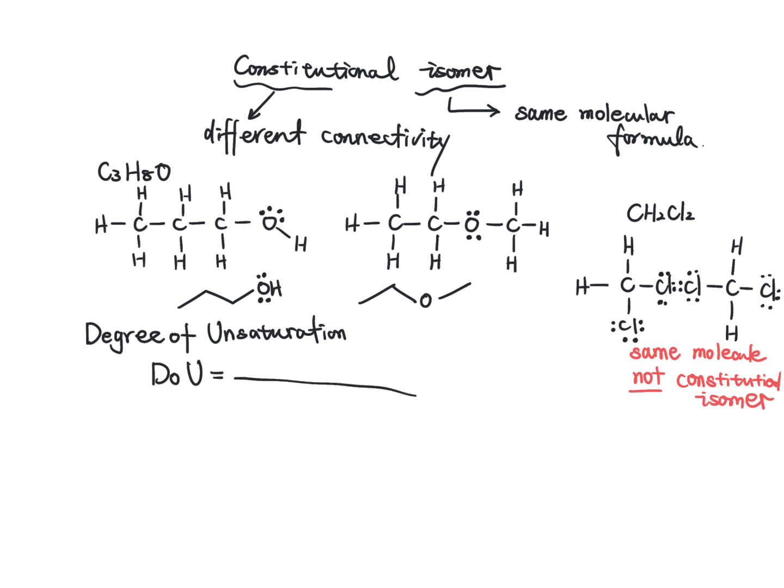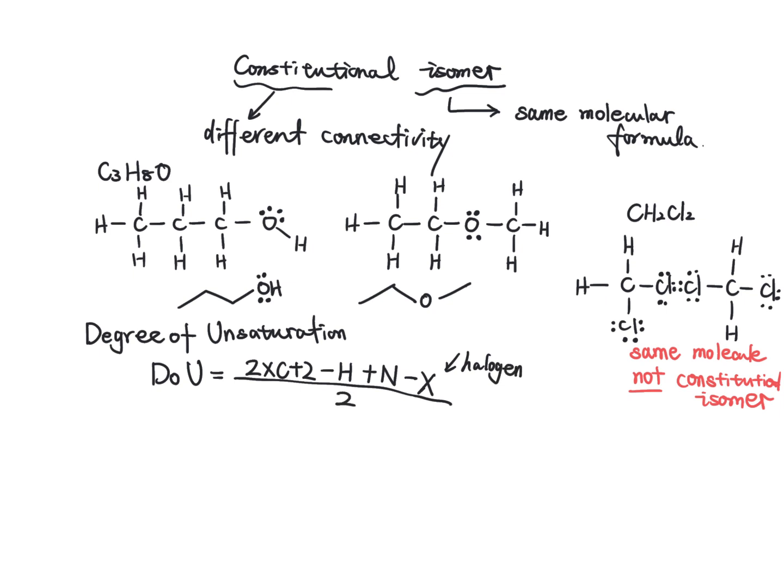The calculation is like this. If you are given a molecular formula, the number of carbons times 2 plus 2, minus the number of hydrogens, plus the number of nitrogens, minus the number of halogens, then divide by 2.